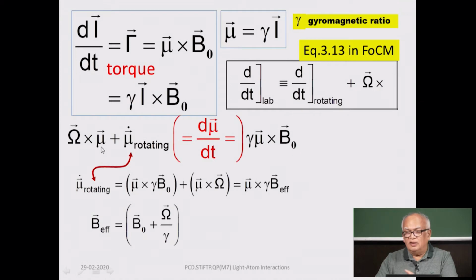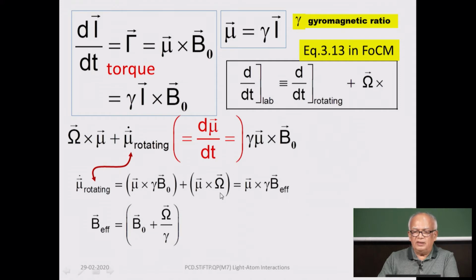So that the sign reversal is taken care of, and now I can take mu as common, and I get the cross product of mu with gamma B effective in the rotating frame of reference. So the effective magnetic field is the sum of this B0 and omega over gamma.